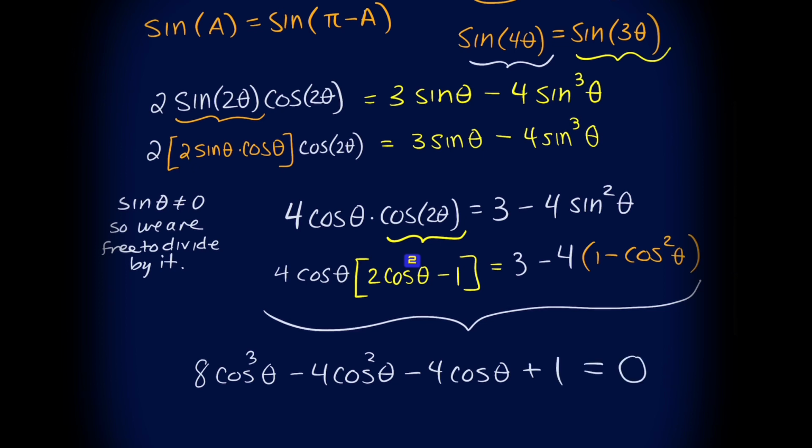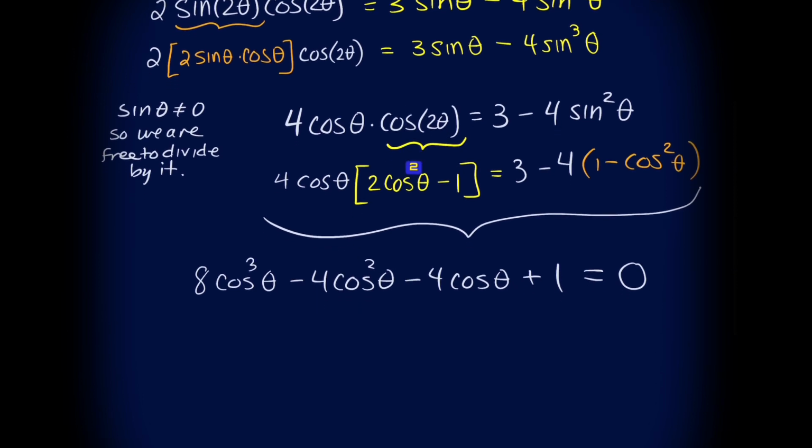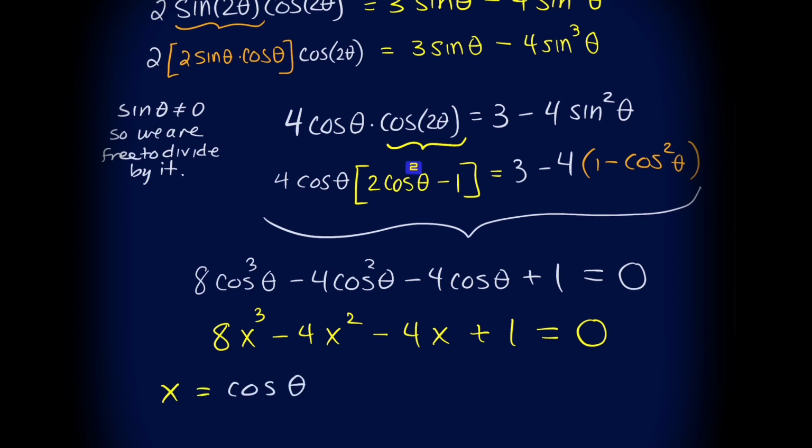And as we reformulate this equation, we begin to see the cubic equation that we solved emerge. You see, if we let cosine of theta equal x, then our cubic equation, 8x cubed minus 4x squared minus 4x plus 1 equals 0, appears.